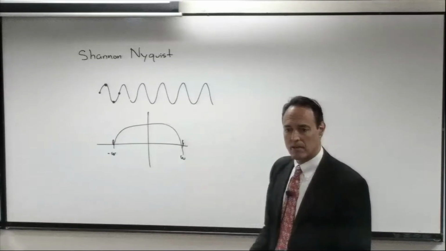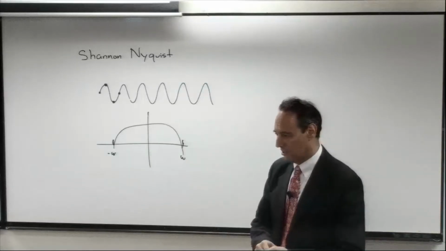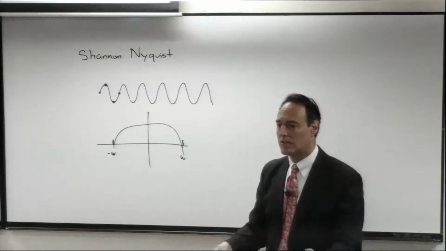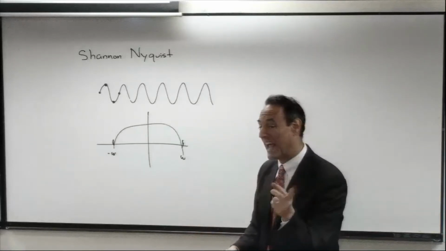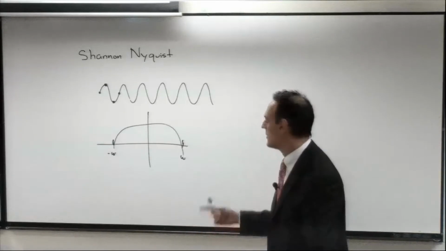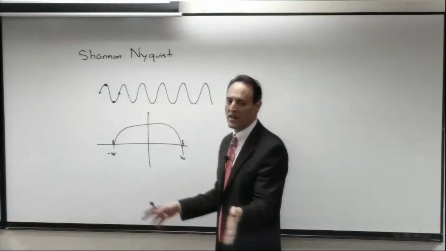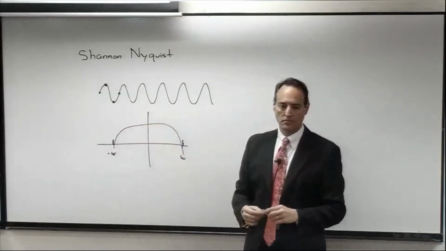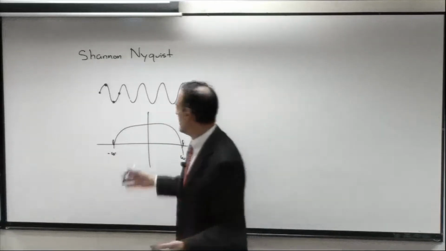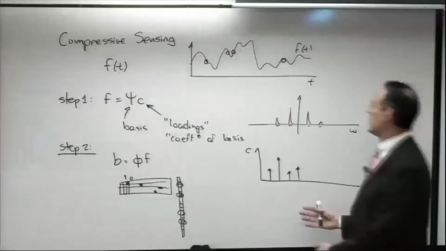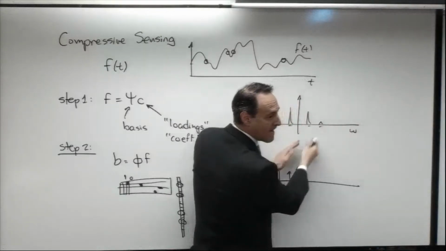So it's typically the assumption they don't tell you. Shannon Nyquist, when it's stated, is just like, oh, you have to sample at twice the highest frequency. There's a caveat there, and the caveat is the assumption that I have a broadband signal. What's our assumption? Our assumption is that the signal is compressible.